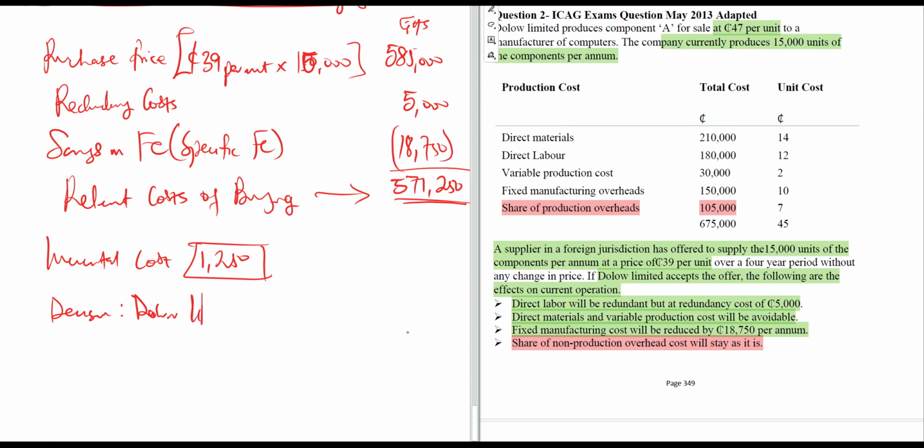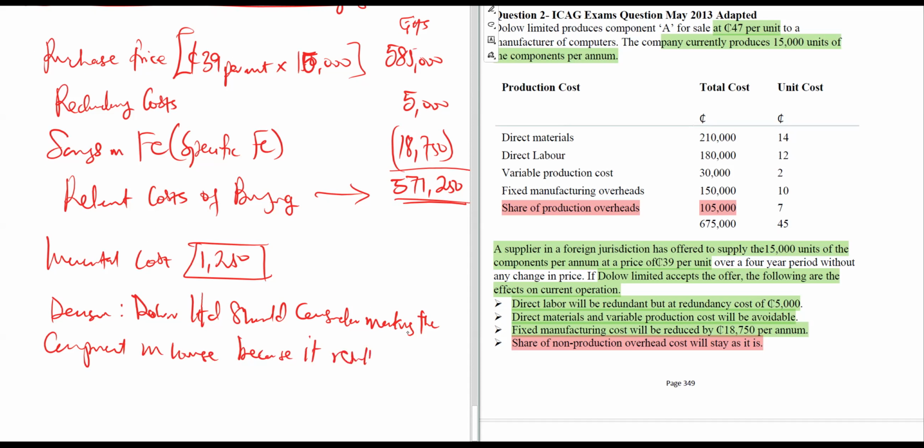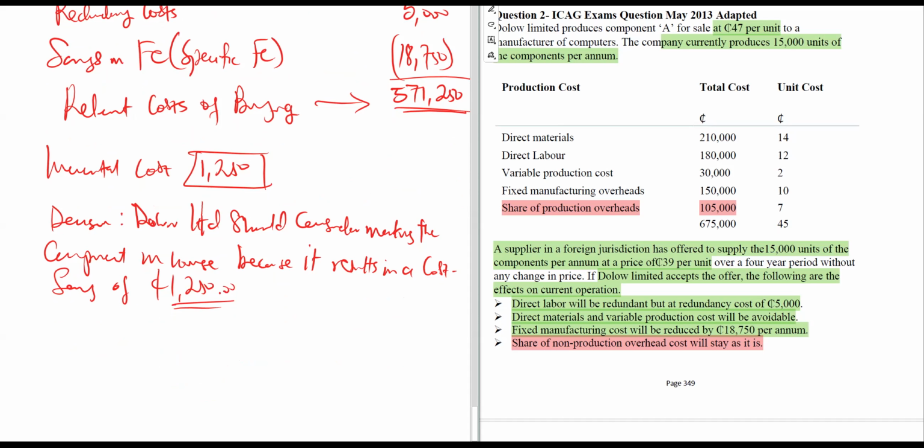Dolo Limited should consider making the component in-house, because it results in a cost saving of 1,250. Okay, so you can say what?